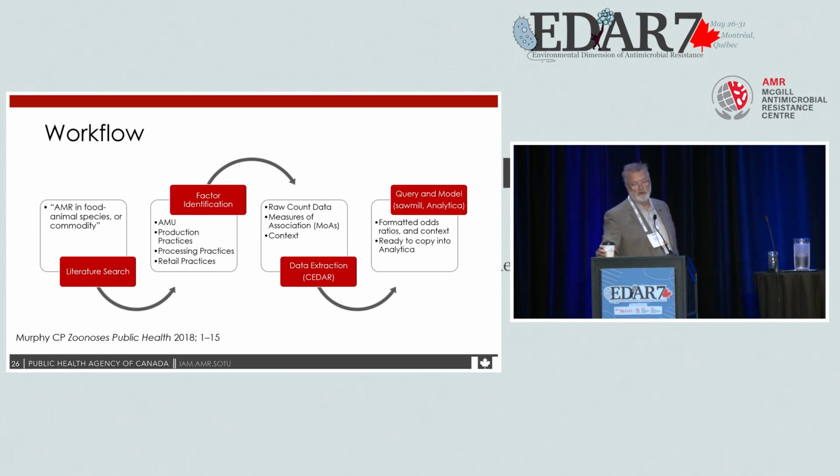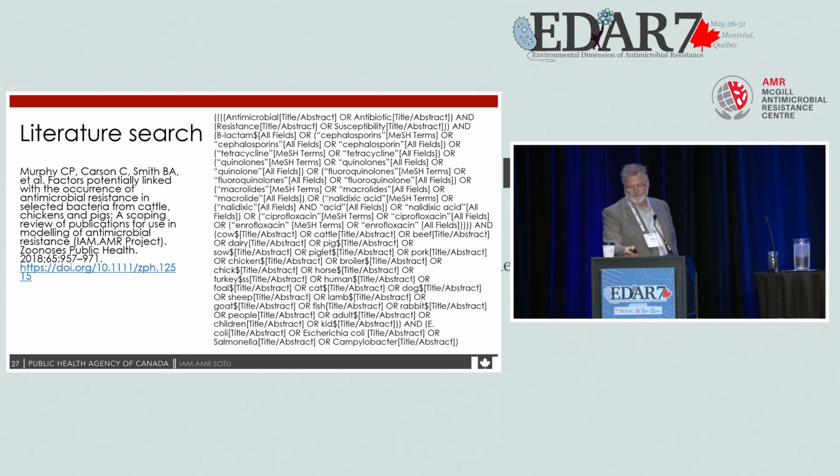So those are done through a standardized scoping review process that then identifies the papers that are eligible for factor extraction. The factors obviously have to be extractable in terms of an odds ratio, and that's not always the case, as I'll come back to in a minute. The data are then extracted into a standard database called CEDAR, and then that's inputted into the model itself, which is in a software called Analytica.